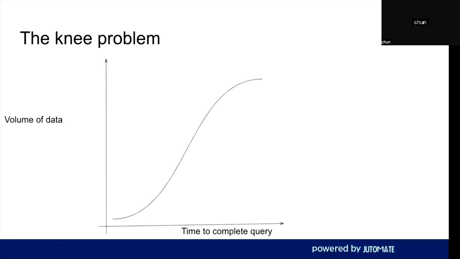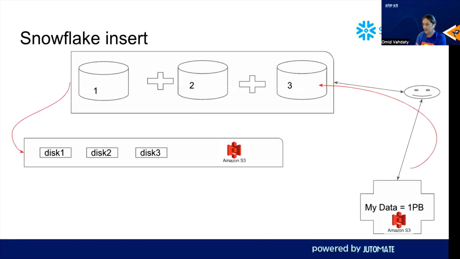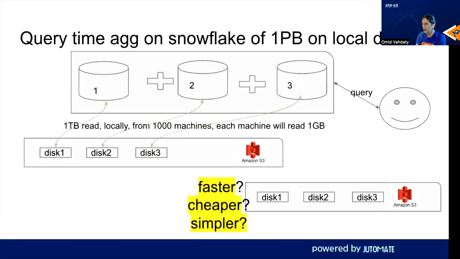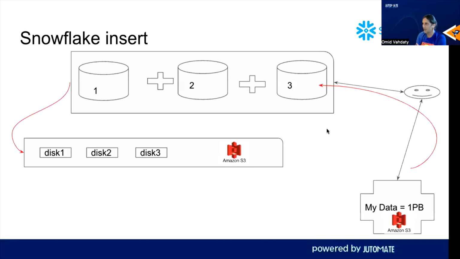So, if you remember this slide, we discussed the fact that you need to insert the data. But specifically, Snowflake also saves the data on S3. It's just highly optimized on the reads and writes.